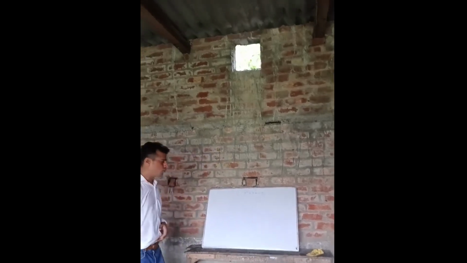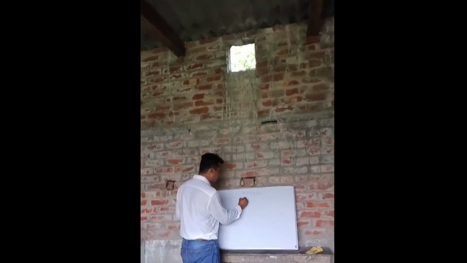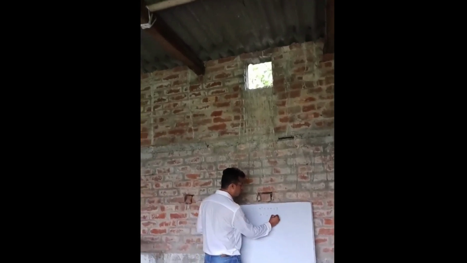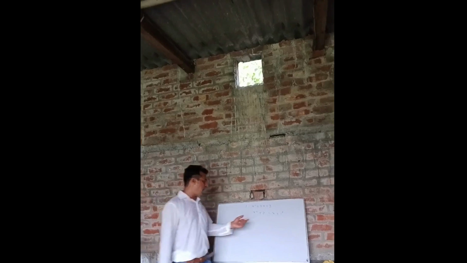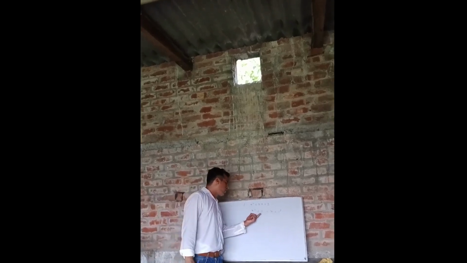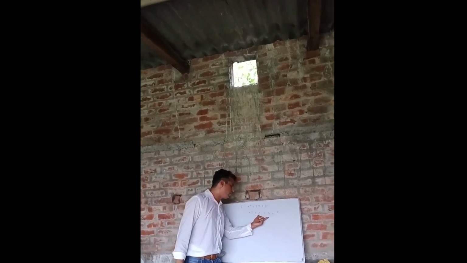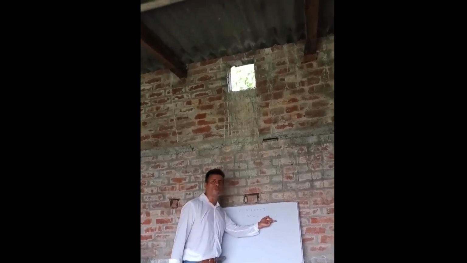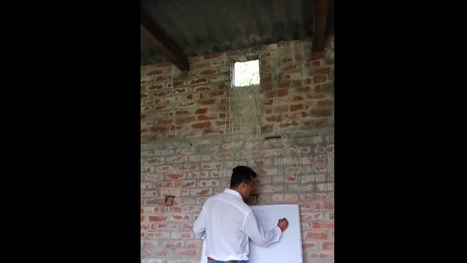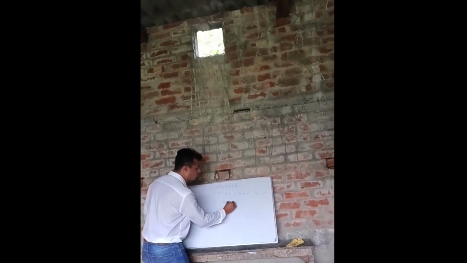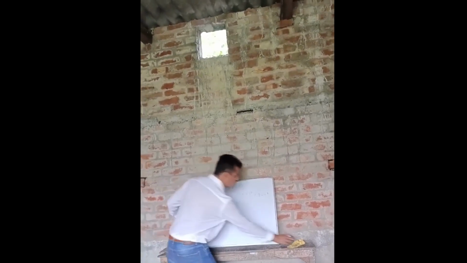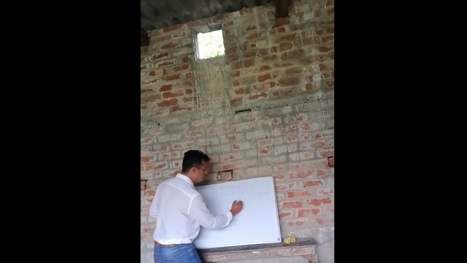So we will make a perfect square first. 2 into 1 into x, so we will add 1 square. So it will be in the form of a square plus 2ab plus b square, plus 3 minus 1 square. So it will become x plus 1 whole square, sorry, plus 2.